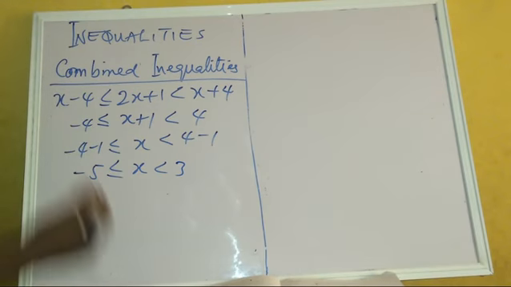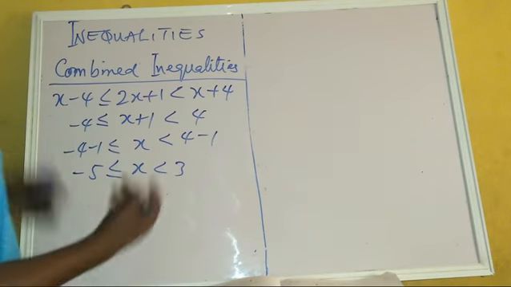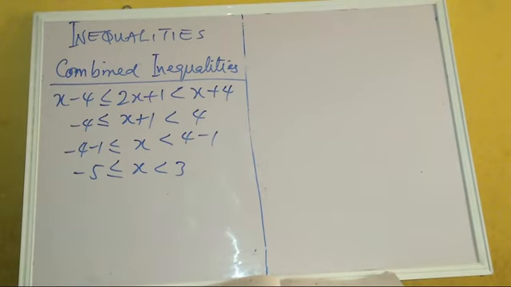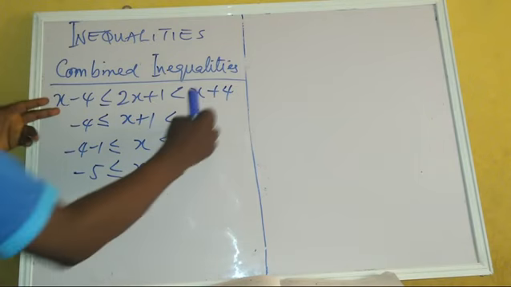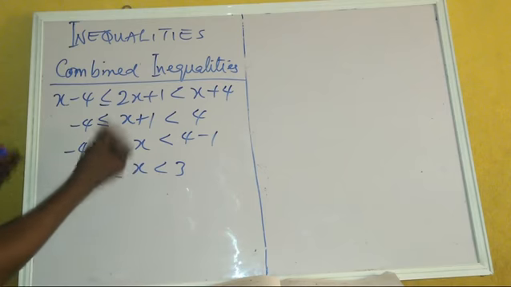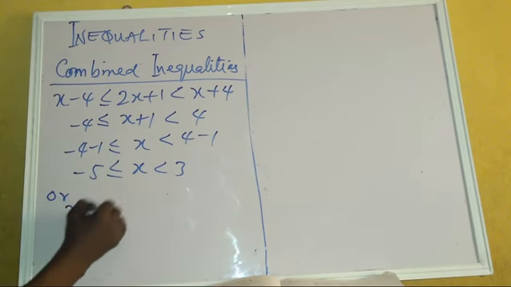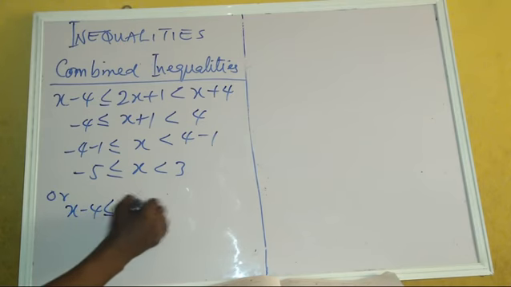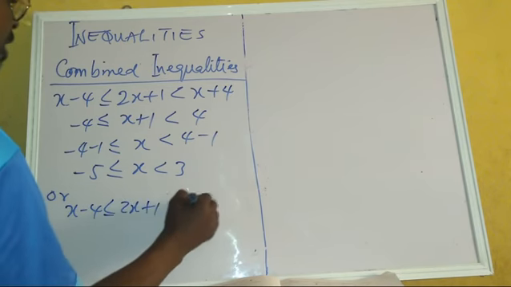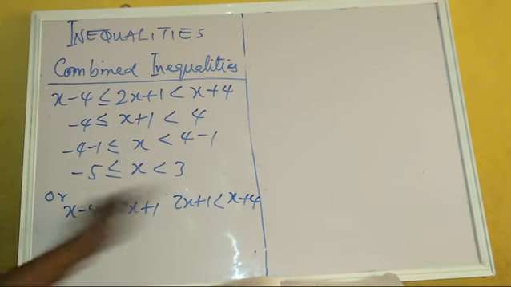So if you use the other method that we discussed earlier, you combine these two and work it, you will eventually get the same answer. In case this one is not clear, you can separate the two, or you say x minus 4 less than or equal to 2x plus 1, and 2x plus 1 less than x plus 4. You solve them differently.